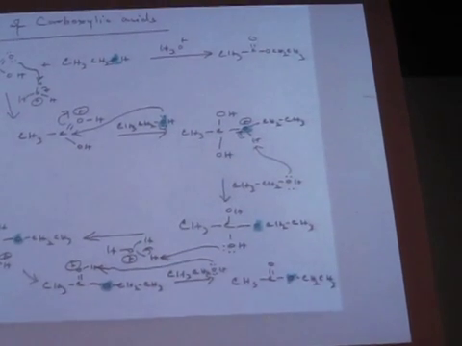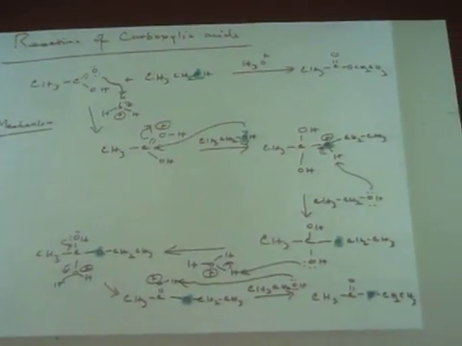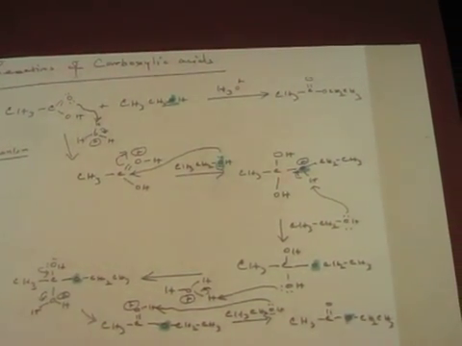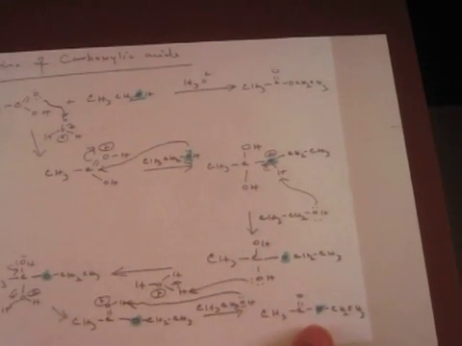Therefore, in fact, this type of experiments were done in which you start with a normal oxygen 16, and in the ethanol, you introduce an oxygen 17. And when the ester is formed, always you will see that one of the oxygens of the ester will have the O17. This one is O16, this is O17. And that's how we know this is the mechanism that is operating in the process.